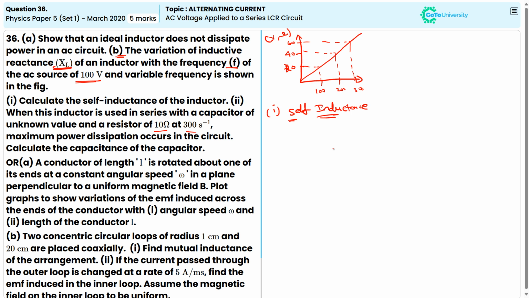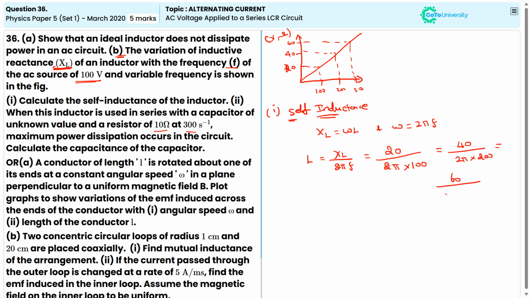So for the self-inductance of the inductor, XL equals omega L, and we know that omega equals 2 pi F. So we can write L equals XL by 2 pi F, which is equal to 20 divided by 2 pi into 100, which equals 40 divided by 2 pi into 200, which is equal to 60 divided by 2 pi into 300.